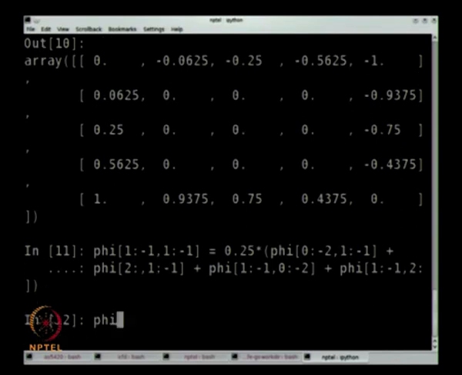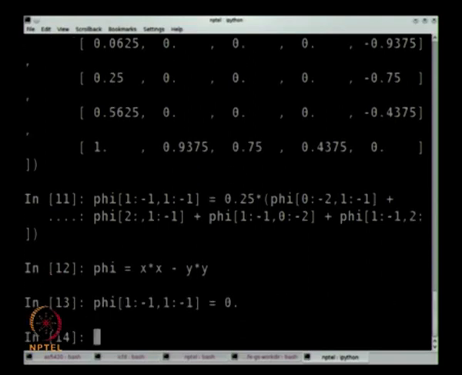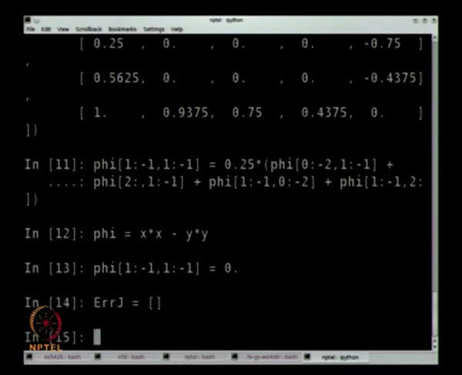What I will do is I will just quickly redo this. So I reset my phi, I set it equal to 0, okay, because I need to store my error. Shall I say Jacobi equals that, okay, fine.